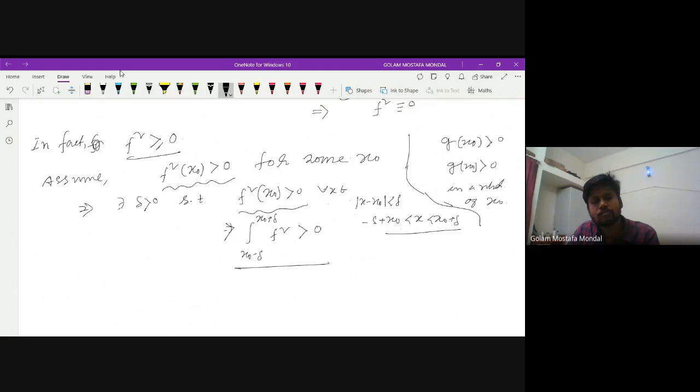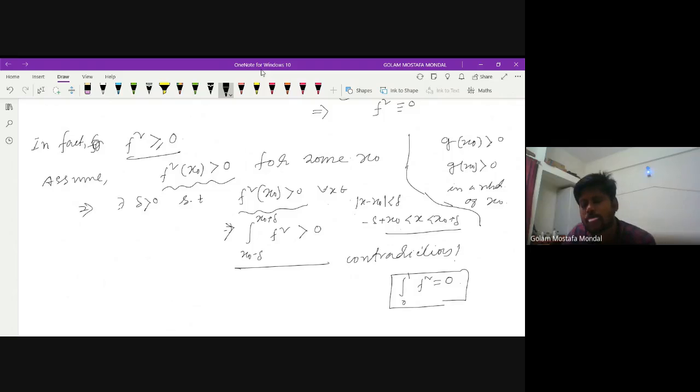This is a contradiction, because we have the integral from 0 to 1 of f square is 0.